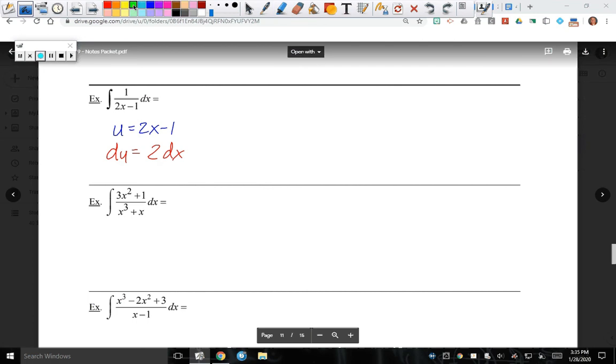Look at the pins that we just knocked down with this u substitution. So my rewrite is going to be 1/2 du, because we're accounting for that by moving it to the left, of 1 over u. No, we haven't integrated yet. We've just rewritten.